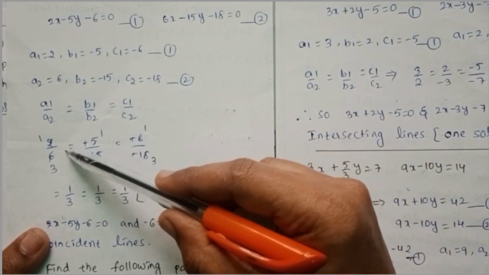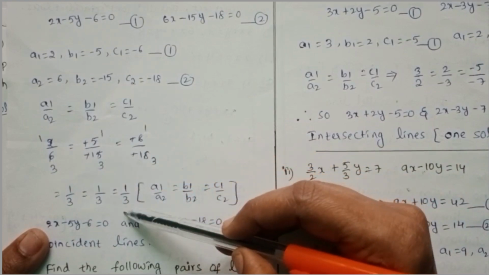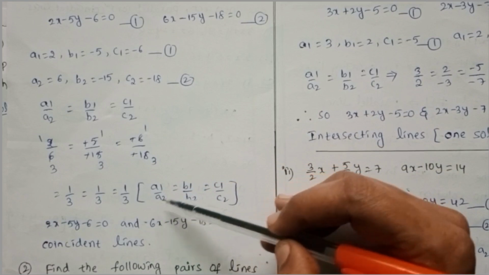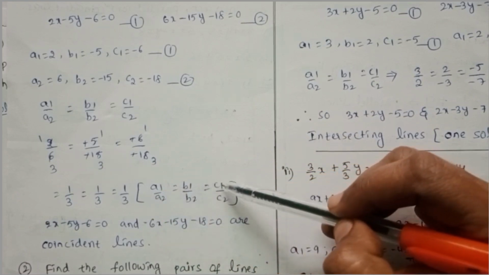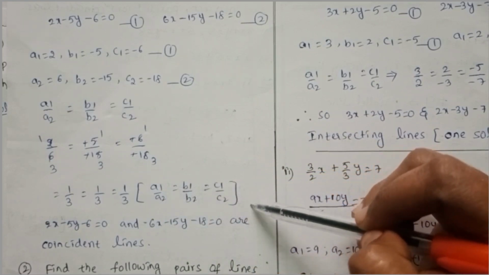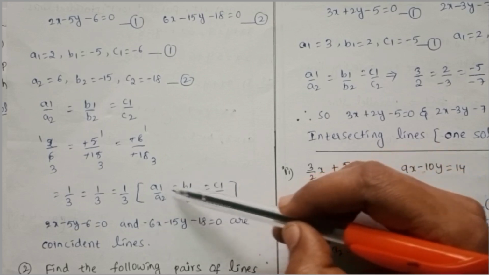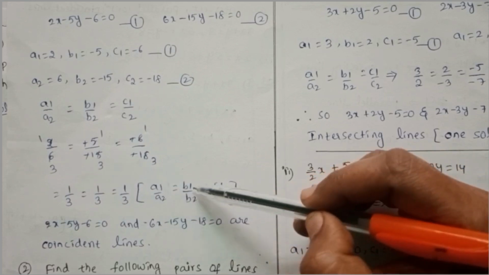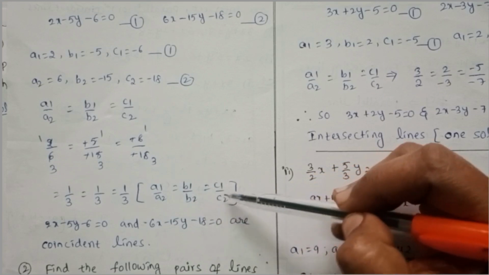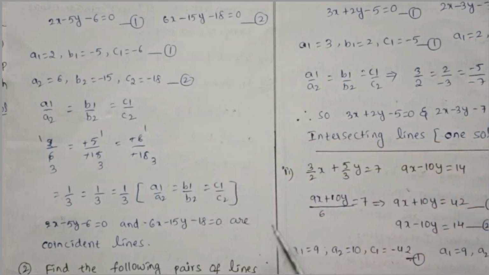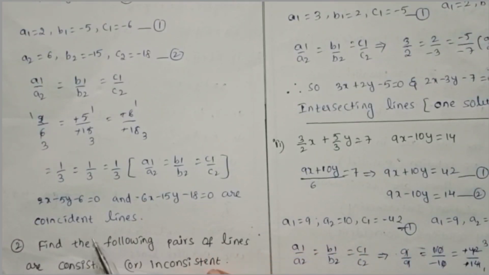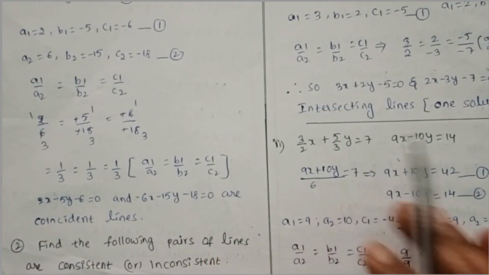If you apply this, you get 1 by 3 is equal to 1 by 3 is equal to 1 by 3. Here all are equal: a1 by a2 is equal to b1 by b2 is equal to c1 by c2. From the formula we can say if a1 by a2 is equal to b1 by b2 is equal to c1 by c2, then the lines are coincident lines.